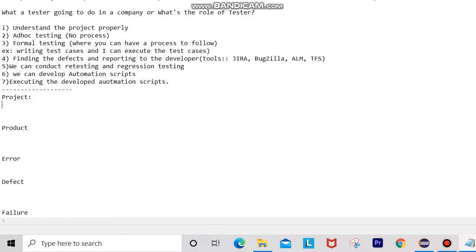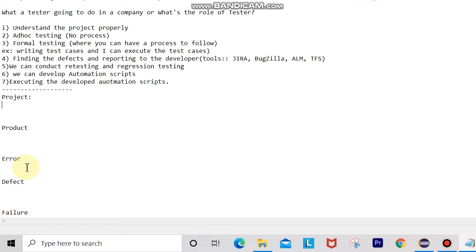So error means any incorrect human action that provides a wrong result is called an error. For example, I am preparing a fruit salad. Unfortunately, I added some extra sugar and decreased the quantity of water.